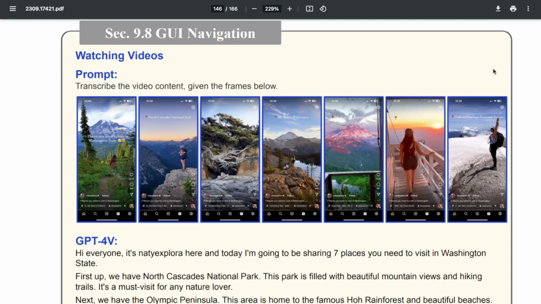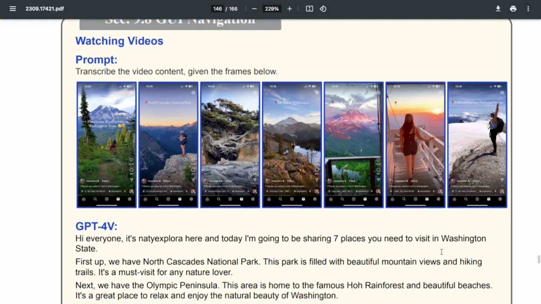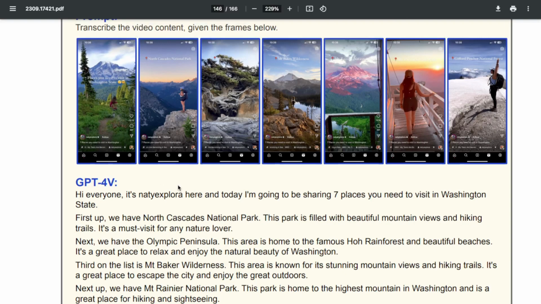Another interesting use case for GPT-4V, in this case, is transcribing the video content given the frames below. So this is an entire video, and what's happening is each frame is screenshotted and passed on to GPT-4V to explain what's happening. Imagine you have an automated system, which is GPT-4V, just sifting through a lot of TikToks or YouTube shorts, transcribing them, analyzing them.